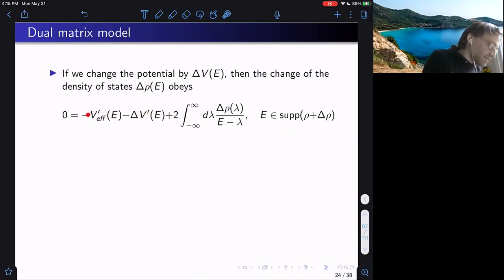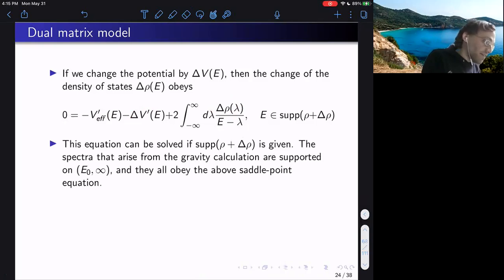Here V effective is the V effective in the original undeformed matrix model of Saad, Shenker, and Stanford. If you just update that definition to include the contribution from delta V and the change of the density of states delta rho, then you get this equation where these three terms sum up to 0. And the point is that these three terms are all well-defined and finite in the double scaling limit, so we can use this to solve for delta rho.